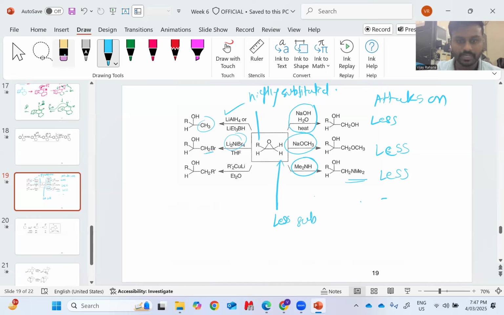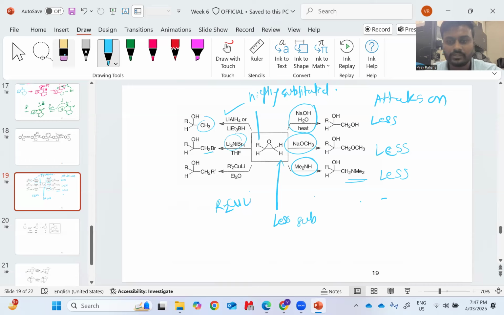And further, if you add the organocopper reagent R2CuLi, that is a nucleophilic alkyl, and that nucleophilic alkyl addition also takes place at the less substituted side.